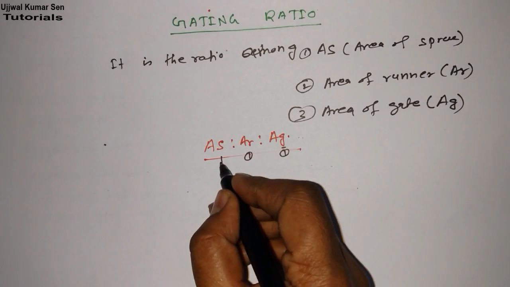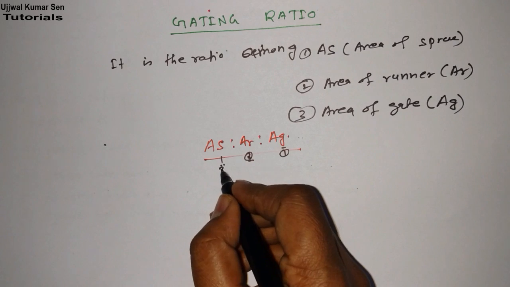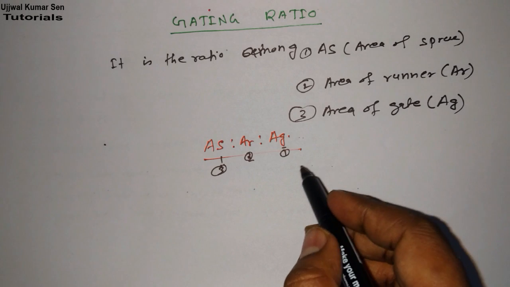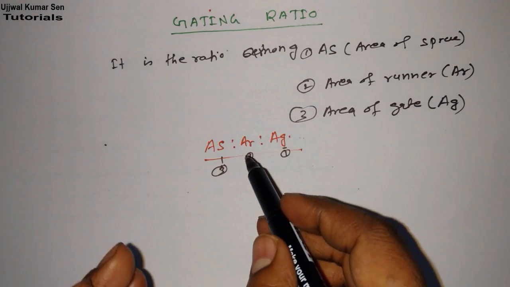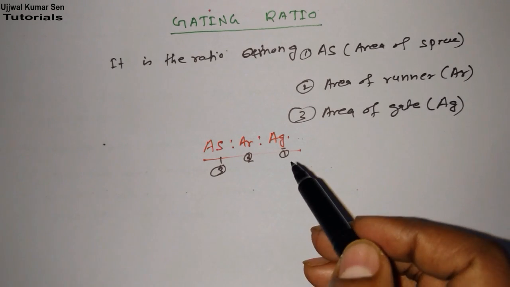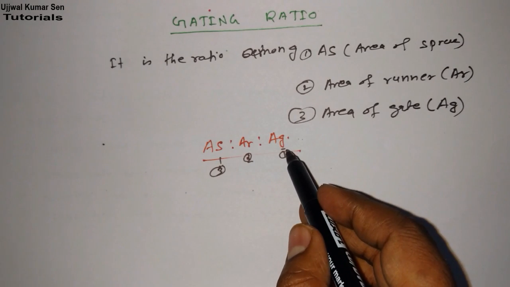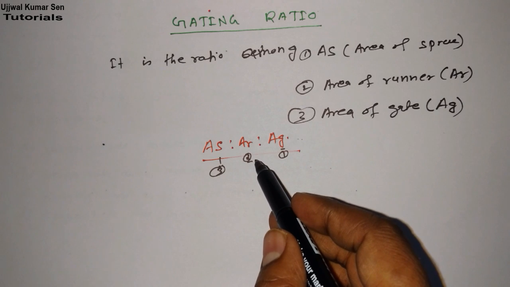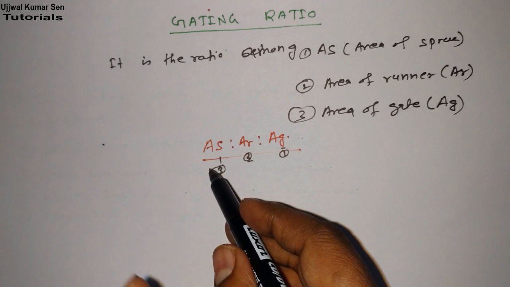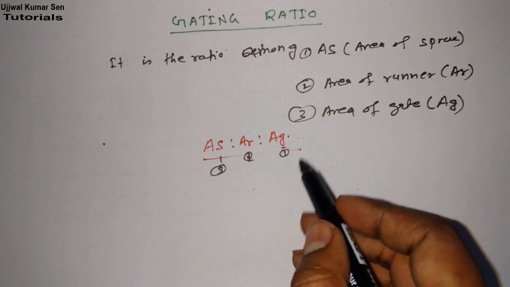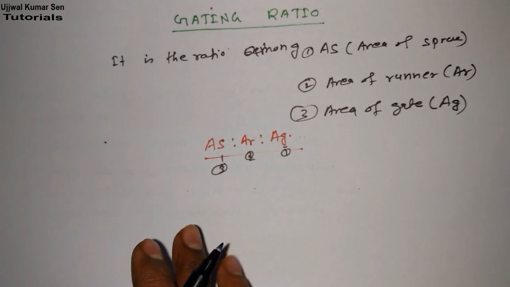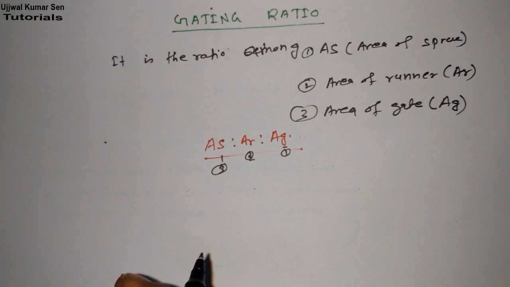Then R, then S. This means that what comes first in the alphabet comes last in this ratio. First is G, so in this ratio gate will be last, R stays in the middle, and the last one, S, comes first. So according to the alphabet, the last one comes first, the middle stays, and the first comes last. This is how you can remember the ratio.